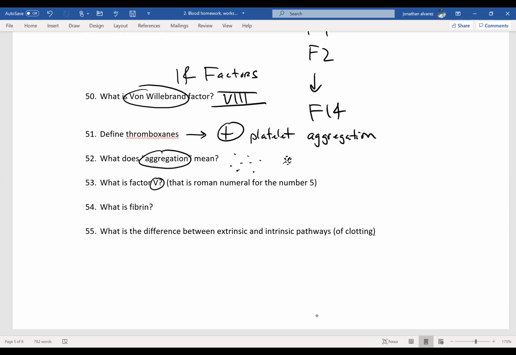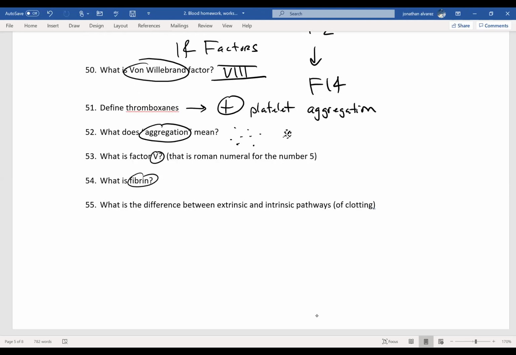Factor 5 is part of the cascade of events that helps with coagulation, but if there's a problem, like a mutation in the gene, which is an inherited disorder, it's going to cause thrombosis, okay, abnormal thrombosis.